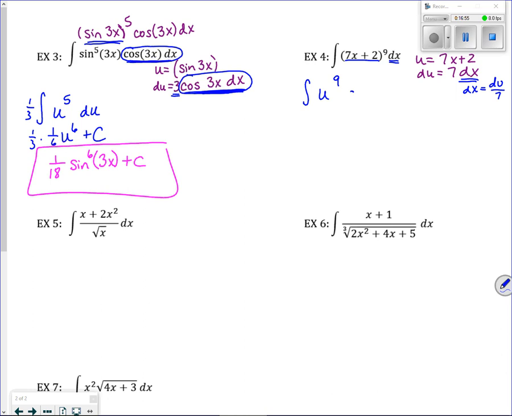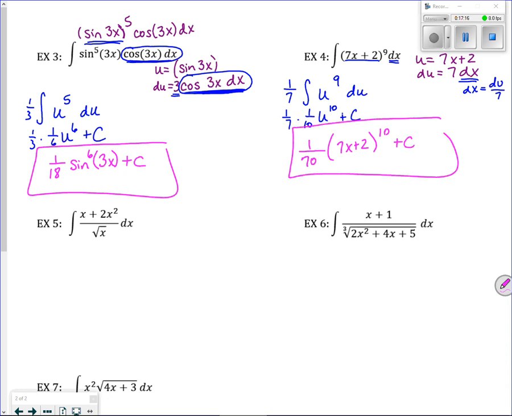I like to put the du here. I like to put the over 7 there. Integrate, u to the 10th, 1/10 times 1/7 plus c. My final answer, 1/70th, u is 7x plus 2 to the 10th plus c.